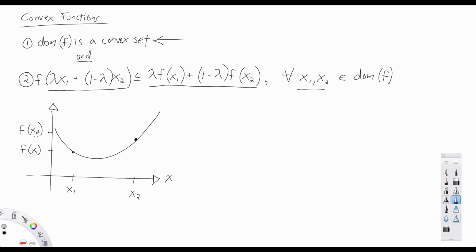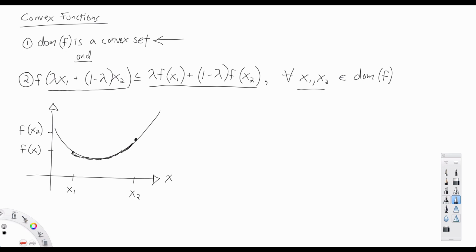We're going to use this to understand what this inequality relationship means. On the left-hand side, we're looking at a function value at a point between x1 and x2. In other words, we're looking at the actual value of the function as we are traversing from x1 to x2 in the space of input arguments.